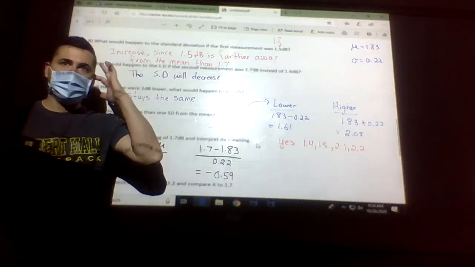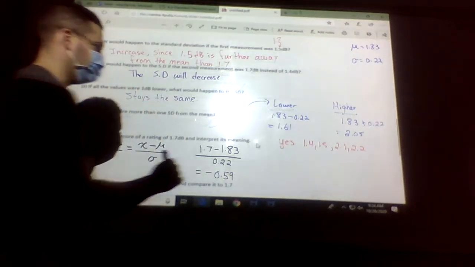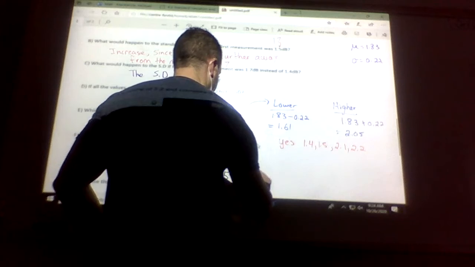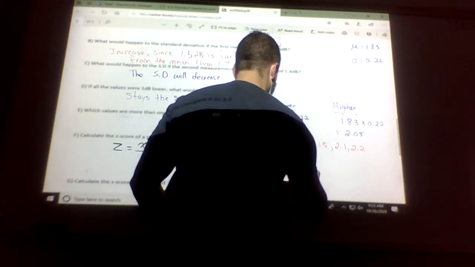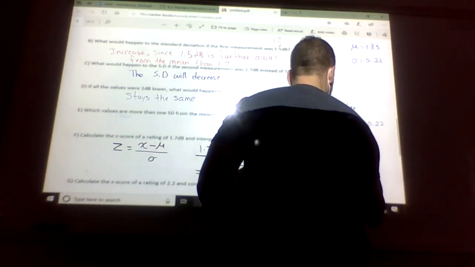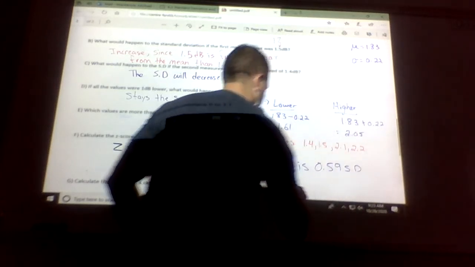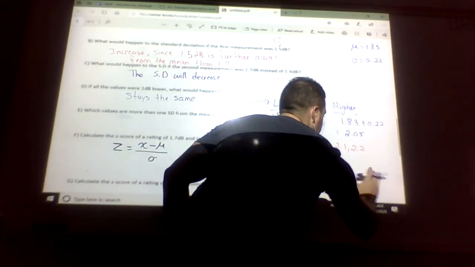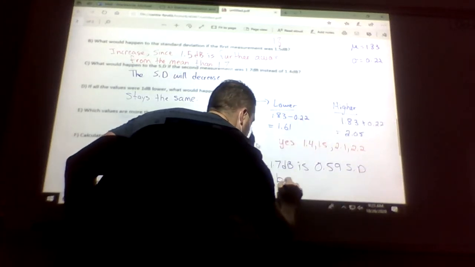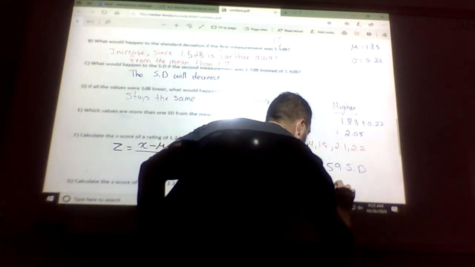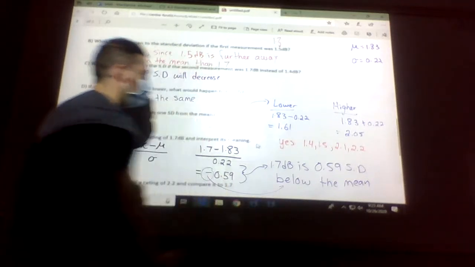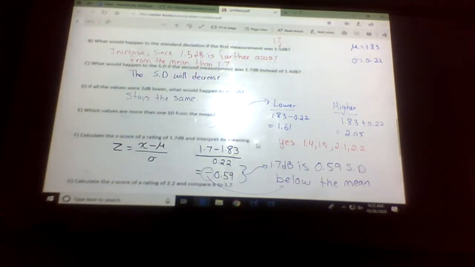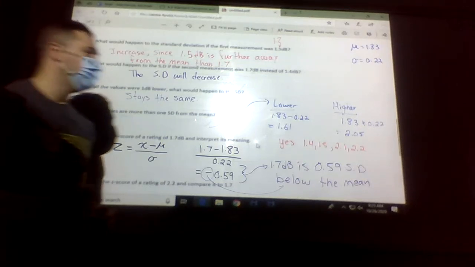I know it doesn't really mean anything, but 1.7 decibels is 0.59 standard deviations below the mean. So the negative means below, or lower.